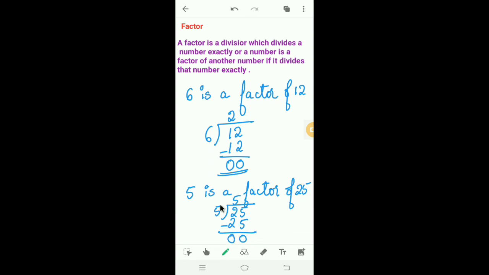So we can say 5 is a factor of 25. So the definition of factor is: a factor is a divisor which divides a number exactly, or a number is a factor of another number if it divides that number exactly.